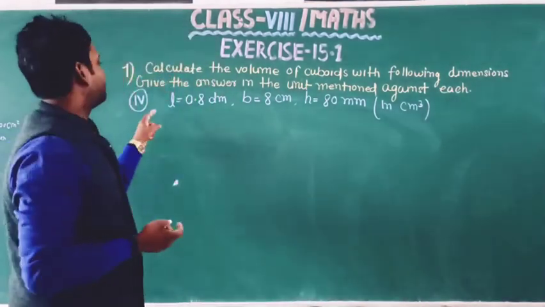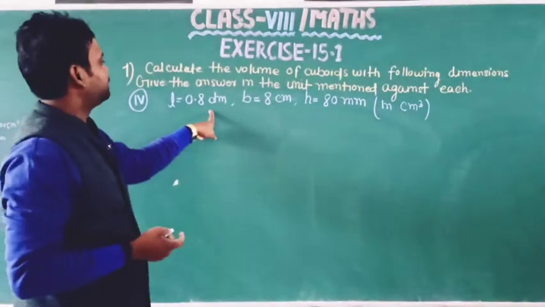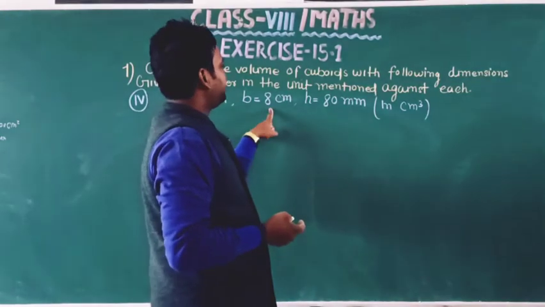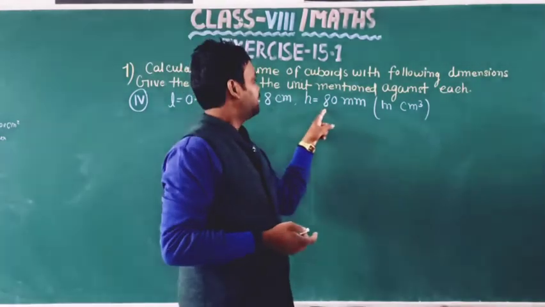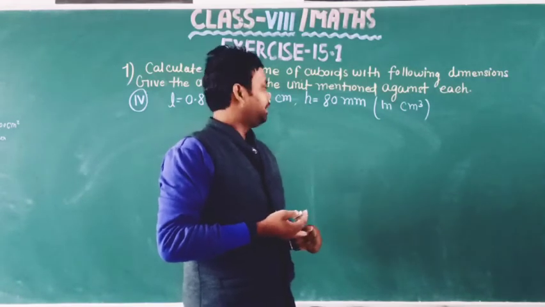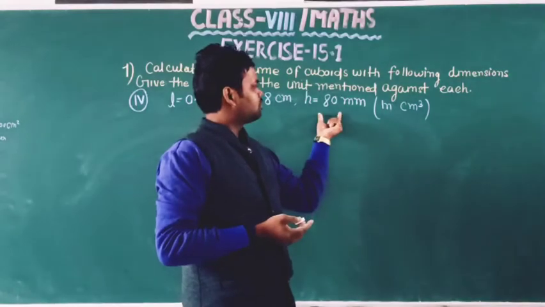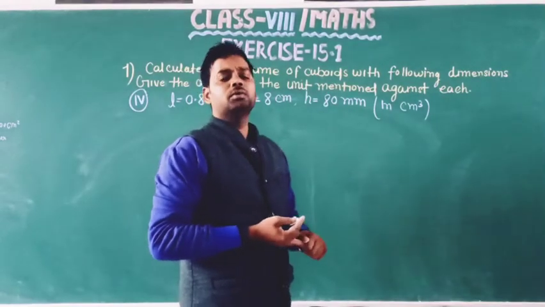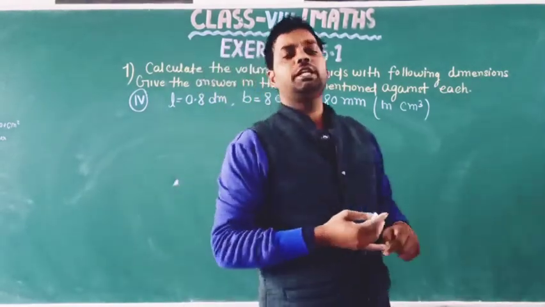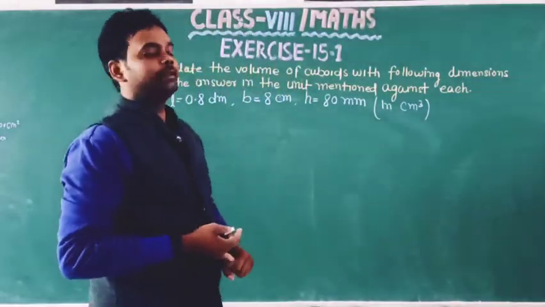And the fourth part of question number 1. Length is given 0.8 decimeter, breadth is 8 centimeter, height is 80 millimeter, and we have to find its volume in centimeter cube. So this means first we need to change all unit in centimeter.